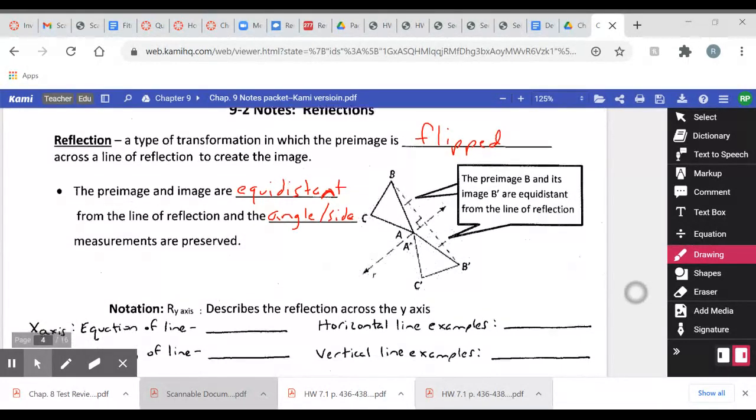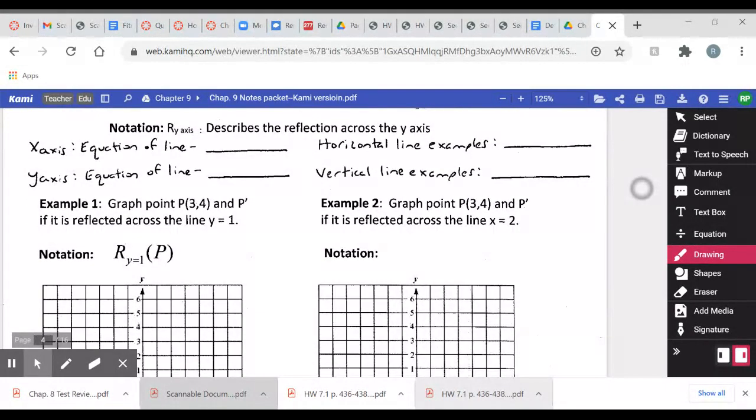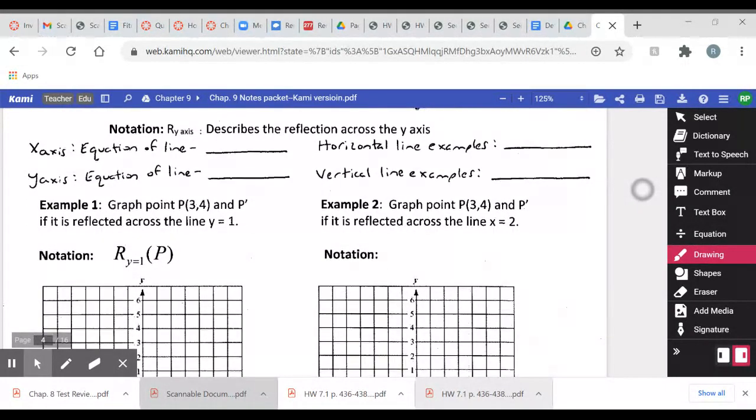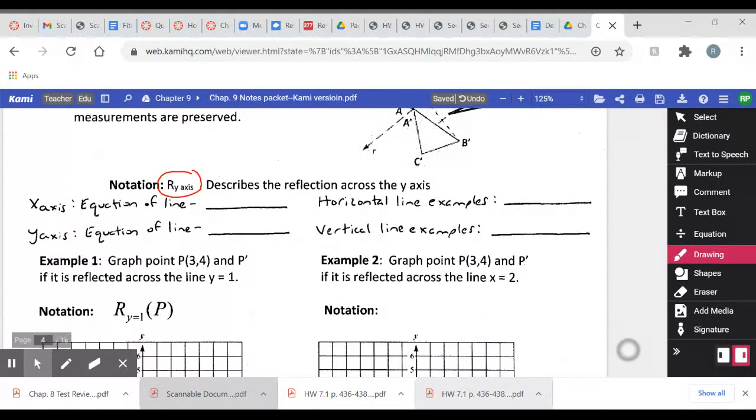Okay, so moving right along. The notation here, the capital R, is the symbol for a reflection. There's another one we're going to do when we cover section 9.3, a lowercase r, and that stands for rotation, so make sure you pay attention to that.